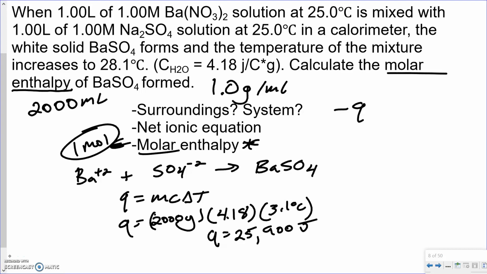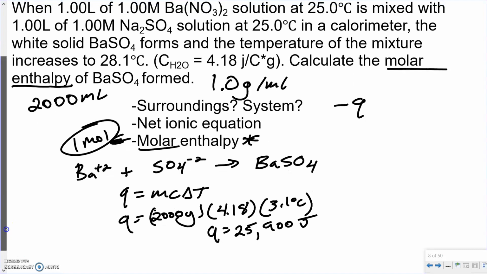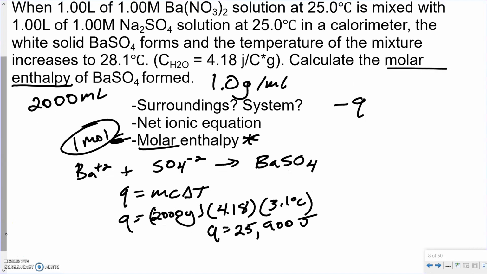Okay, so what that means is we need to figure out how much barium sulfate was actually formed in this reaction, which means, you guessed it, a little bit of stoichiometry, okay? So we're starting with 1 molar of each of these in 1 liter. The nice thing is it's already a 1-to-1 ratio, so they are both reacting completely. You're welcome to do the limiting reactant if you want to.